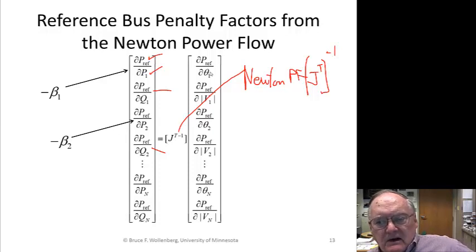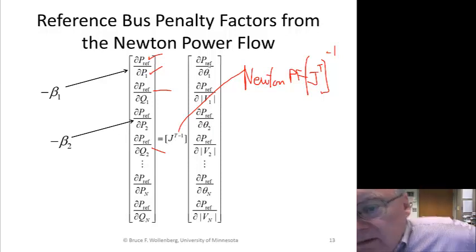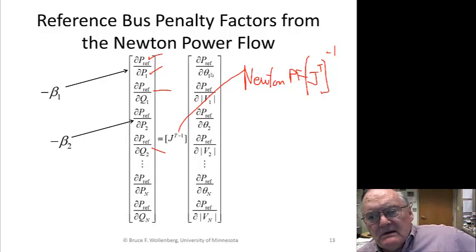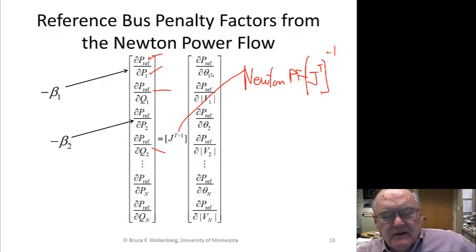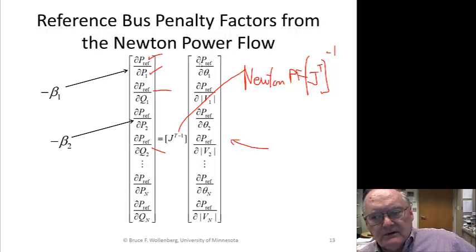These are terms that you normally don't build into the Jacobian, and they are the change in the reference bus with respect to a change in phase angle on bus 1, a change in voltage at bus 1, change in phase angle bus 2, and so forth. In the text, you can go through a little deeper explanation of how you come up with this. But this produces these terms here, the dP ref dP2.